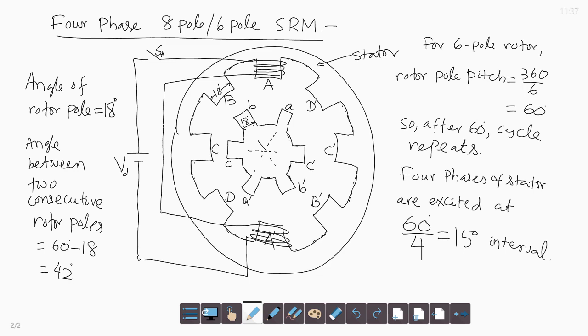So, from here to here it is 60 degree, because this is 18 degree, this angle will be 42 degree. The figure is not to scale. So, the total angle becomes 60 degree.